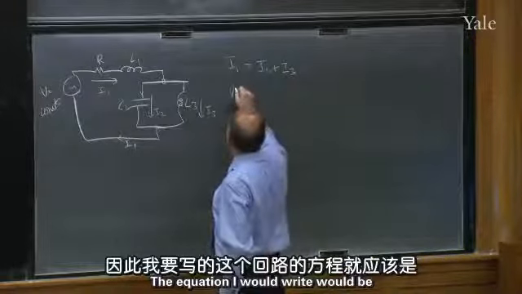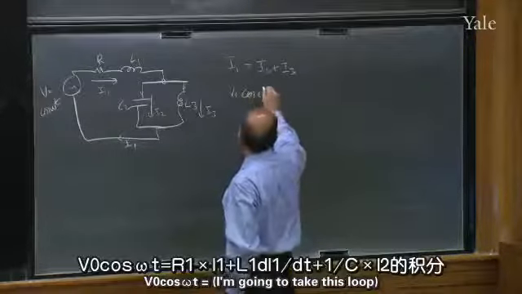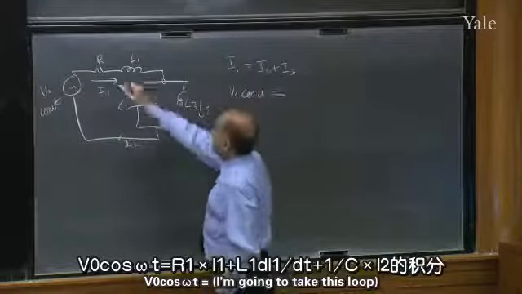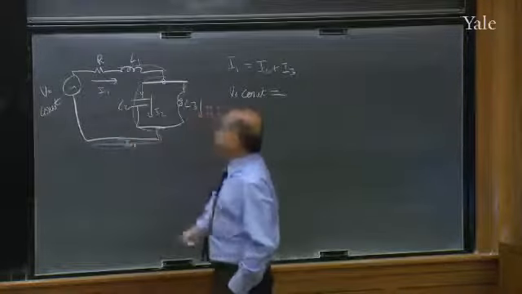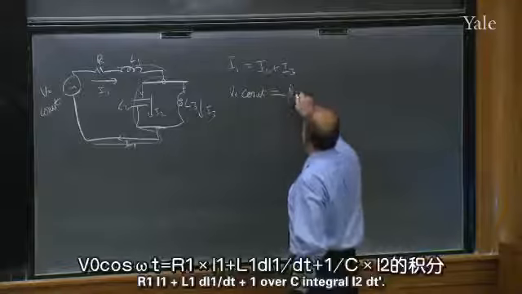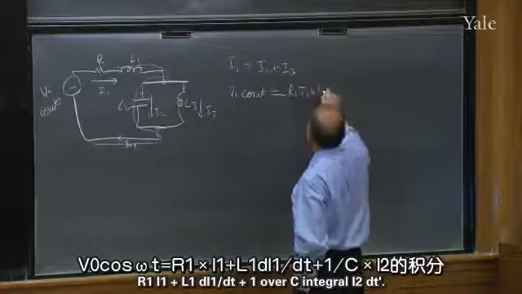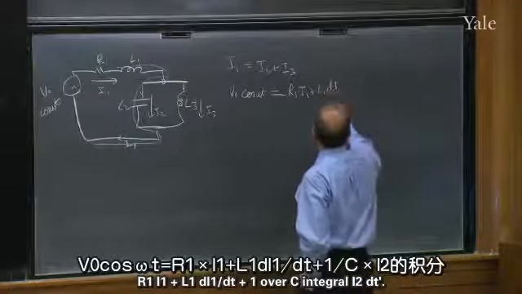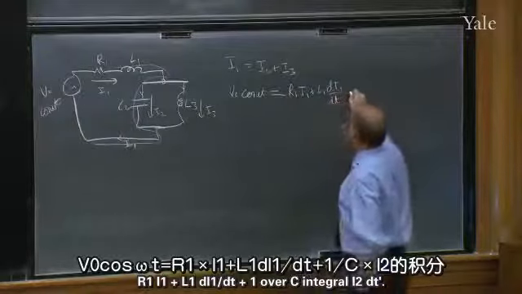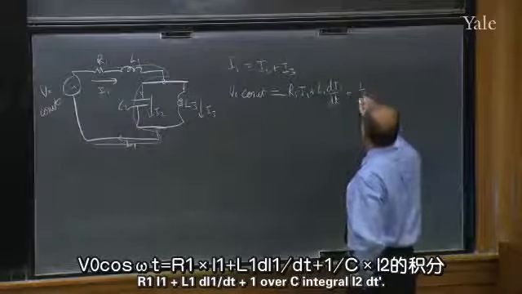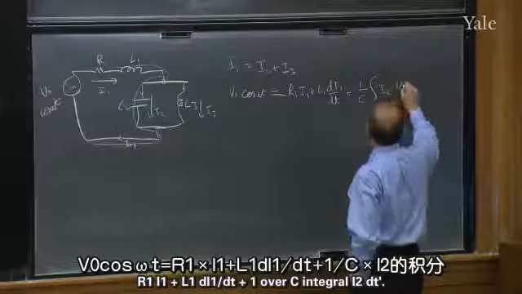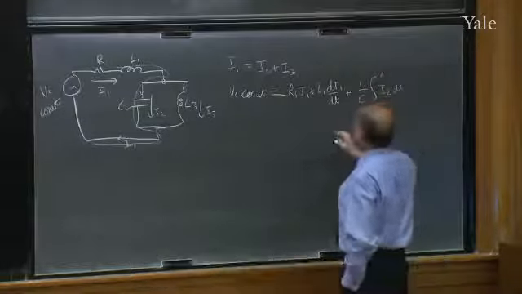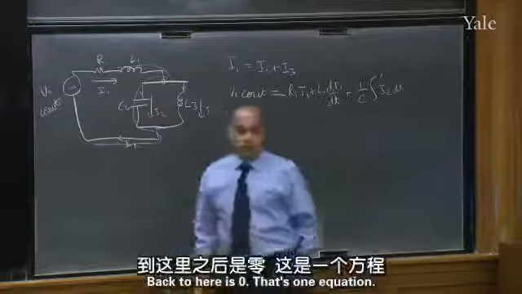The equation I would write would be V naught cos omega t is equal to, I'm going to take this loop, R1 I1 plus L1 dI1/dt plus 1 over C times the integral of I2 dt prime, back to here is 0. That's one equation.